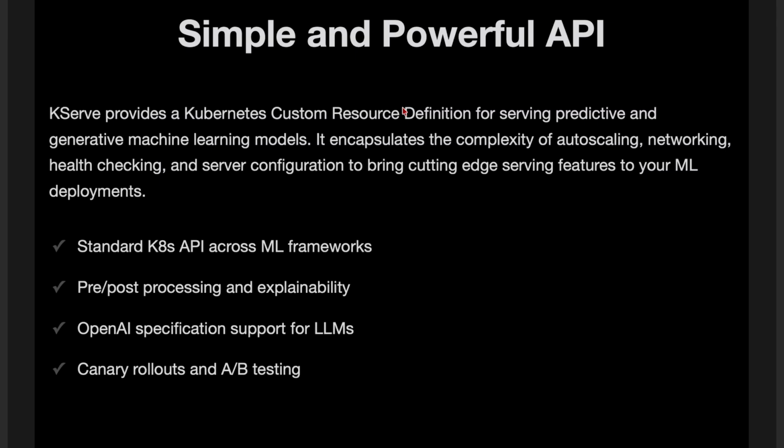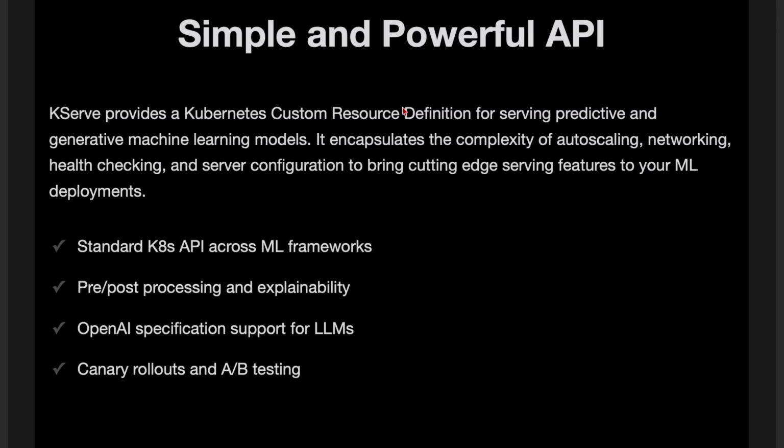What I mean by predictive is machine learning models which are doing the prediction, and generative AI, that is generating a new image or text out of the context which we have given. It encapsulates the complexity of auto scaling, networking, health checking, and server configuration to bring serving features to your machine learning deployment.